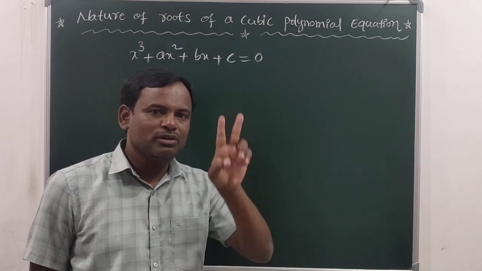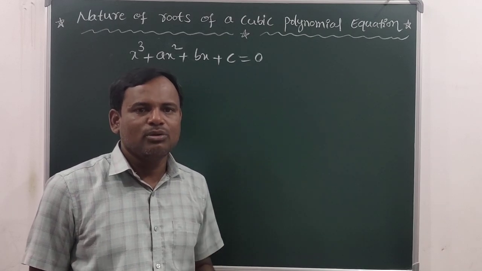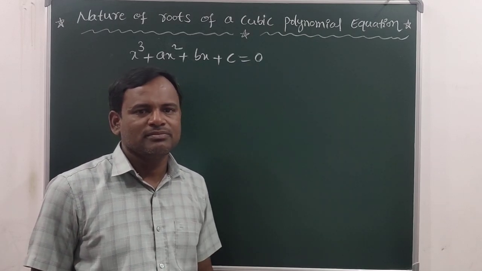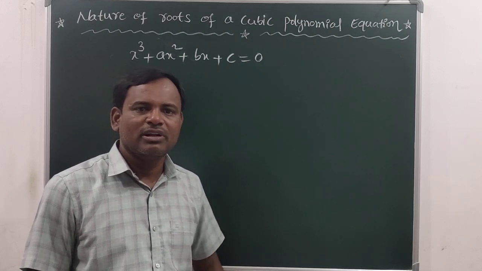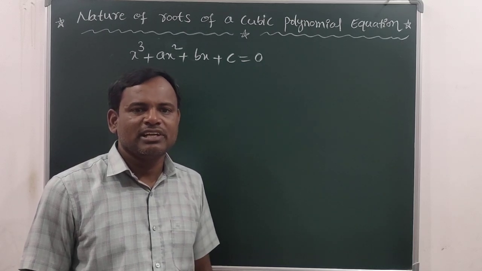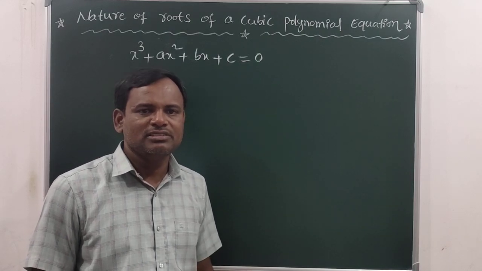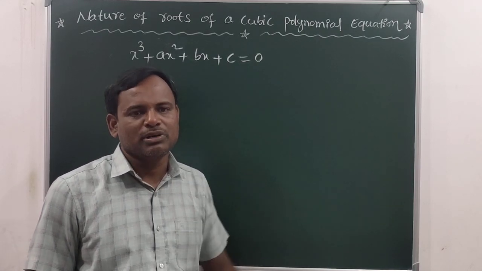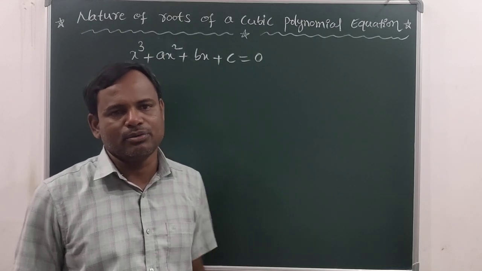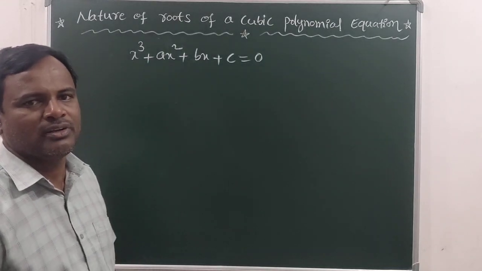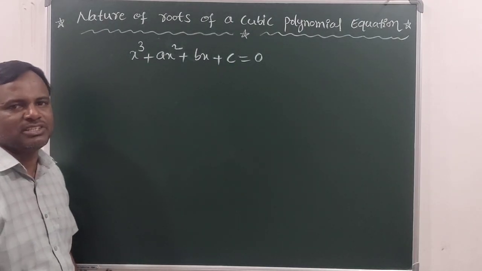But if it has 2 real roots, then the other root would be complex. That is not possible, as I said to you, whenever the equation gets complex roots they come as an even number, hence 2 real roots is not possible. Either it may have 1 real root or 3 real roots. Remember this point.